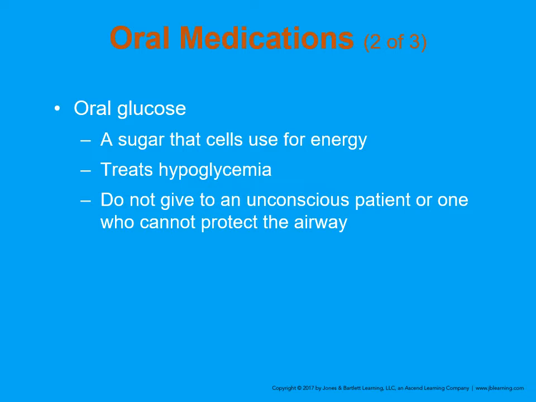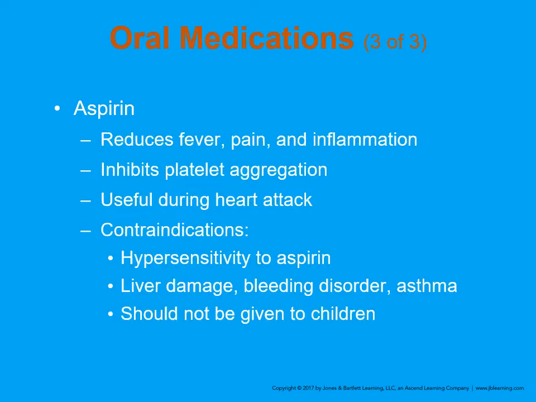An EMT can give glucose only by mouth. Available as a gel designed to be spread on the mucous membranes between the cheek and the gum. Available also are glucose tablets, but you never administer oral medications to an unconscious patient or one who is unable to swallow or protect their airway.